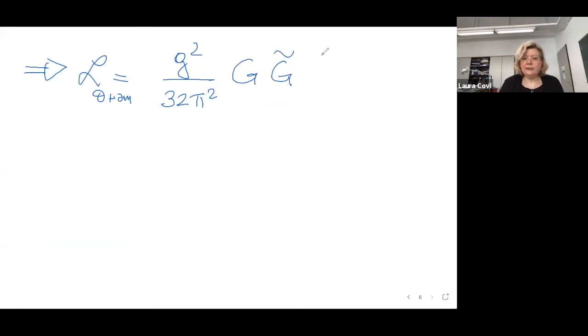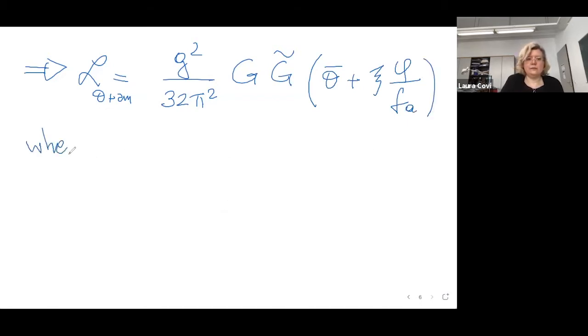And then I have theta bar plus this axion field divided by some scale, where Fa is often called the Peccei-Quinn scale, the scale where the U1 is broken.